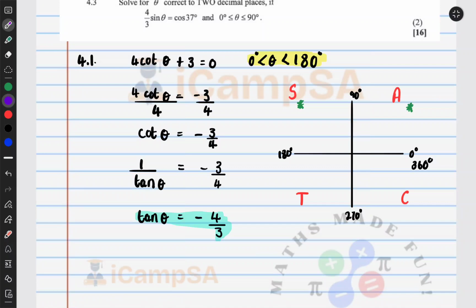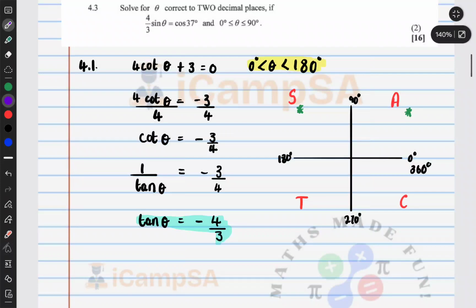And in the third quadrant, tan theta is also positive, therefore we are left with the second quadrant where only sine is positive, and the fourth quadrant where only cosine is positive. And where we have two stars, that is where our terminal arm will be located for this particular theta.